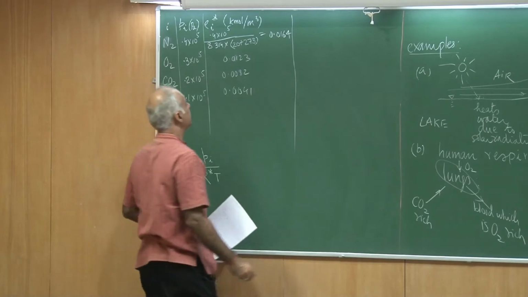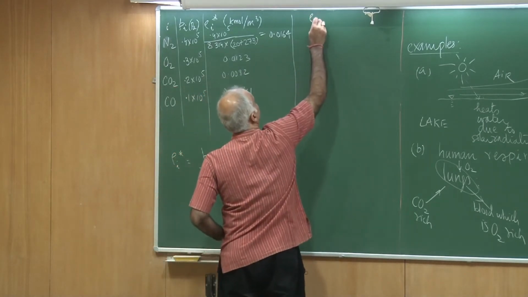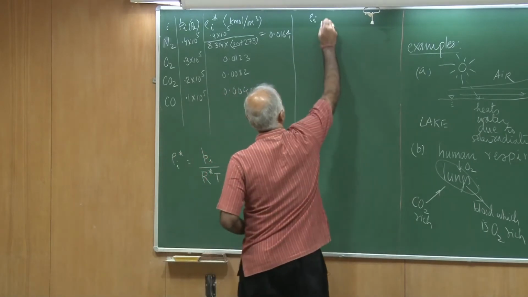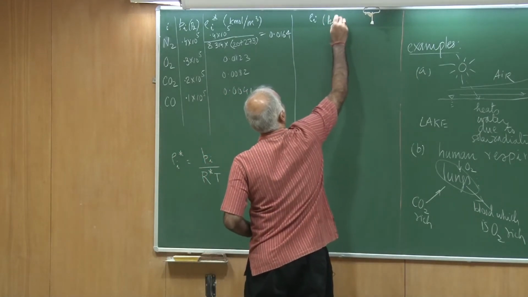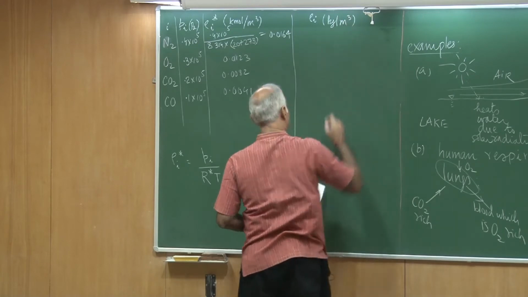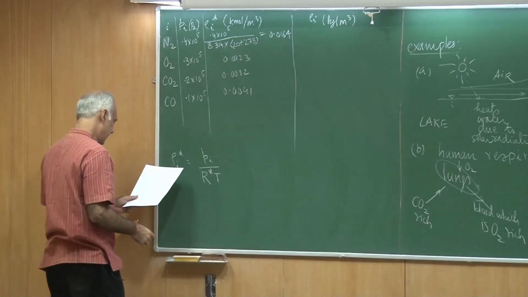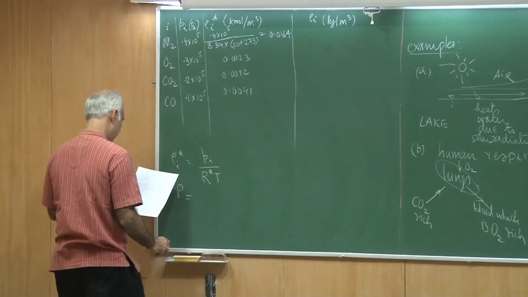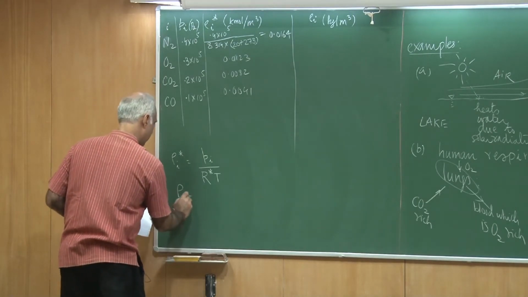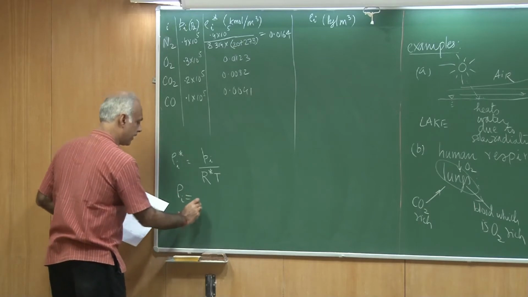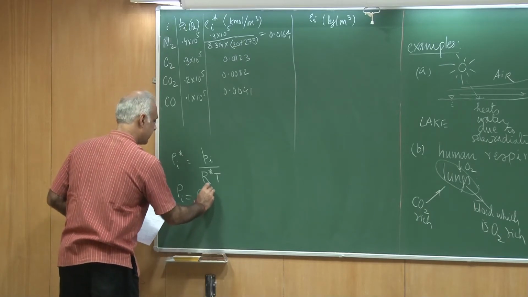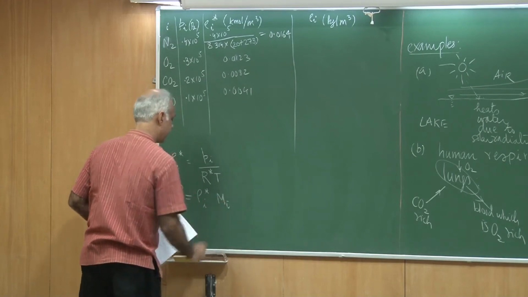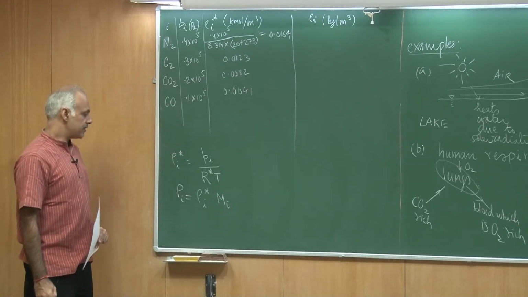All right. What about density, rho i? And these also, let me say the units would be kilogram per meter cube. So the density, as you know, is simply given as, so if I want density of the ith component, then it would be rho i star times the molecular weight of that particular species.